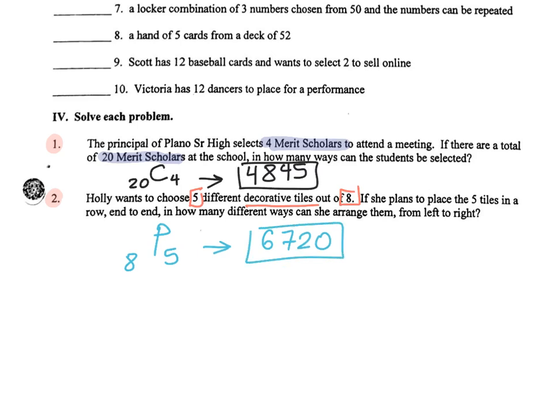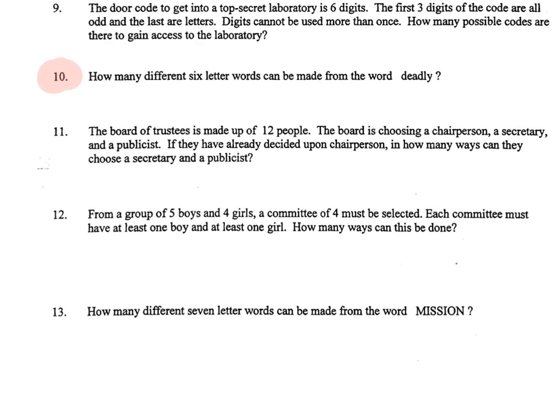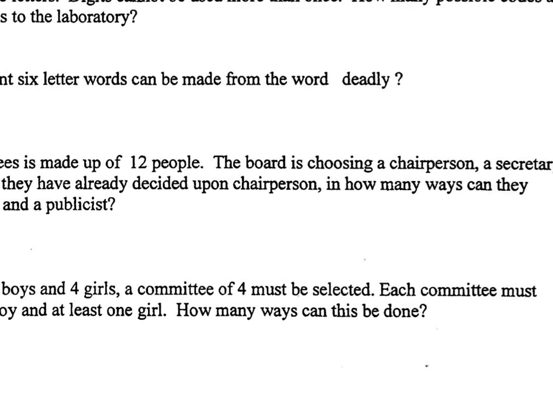Now let's move on to the next page, and I would like to do number 10 on this side. How many different 6-letter words can be made from the word deadly? Now for me to be able to decide, I need to decide what deadly is made up of.